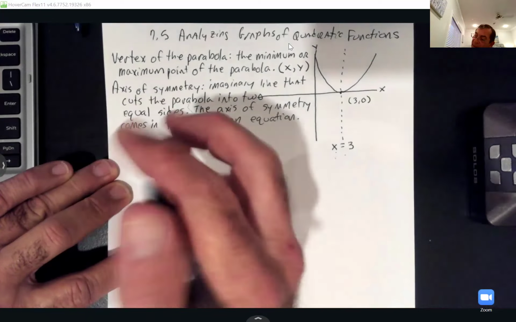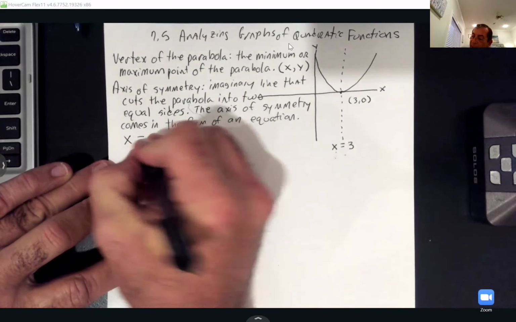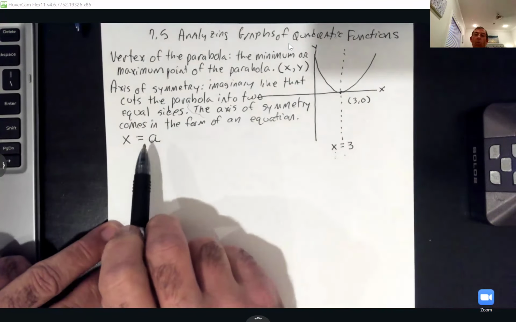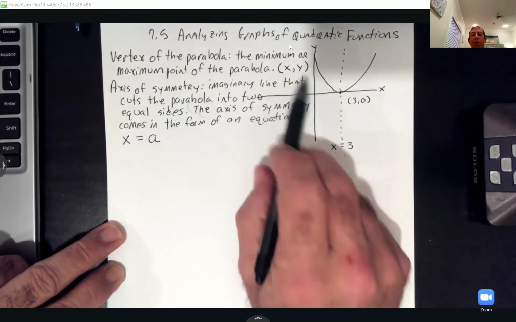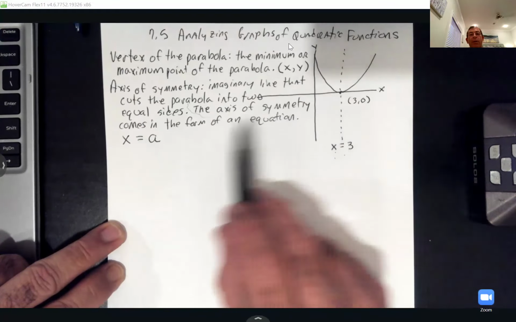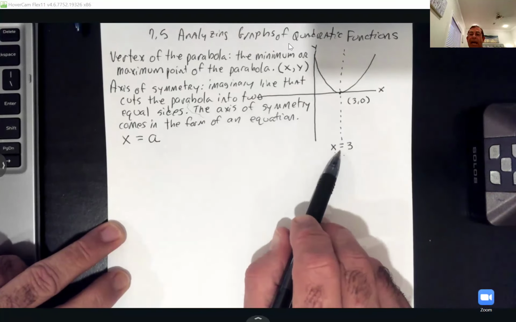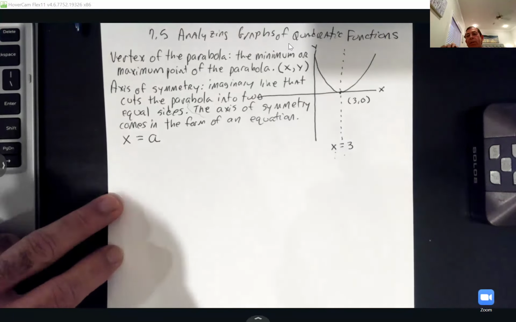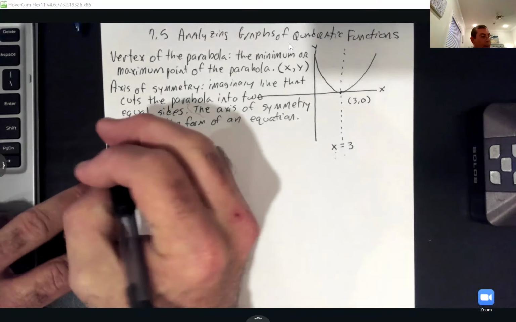So that means that they come in the form of an equation, x equals some number, where a will be the x value of our vertex. So in this situation, remember, my axis of symmetry was this line, x equaled 3. So that's what the x value does. It gives me that line of symmetry.